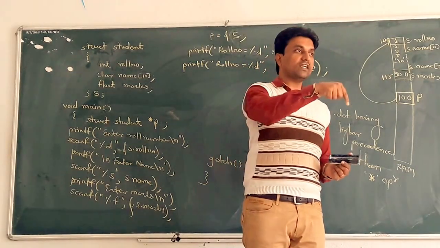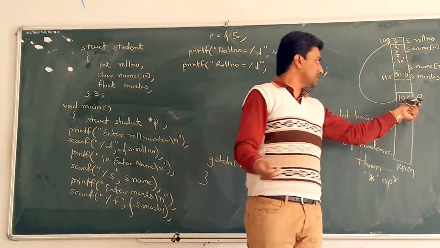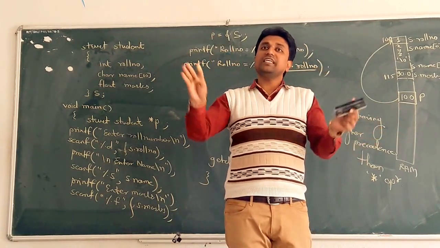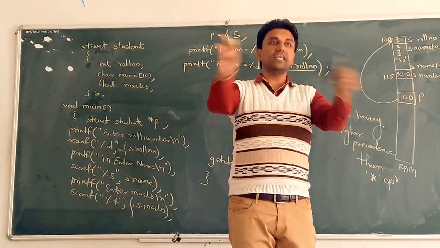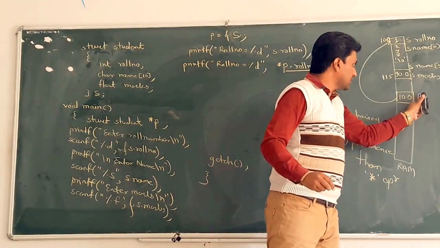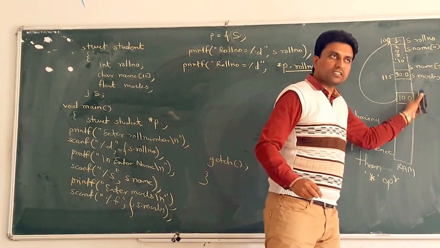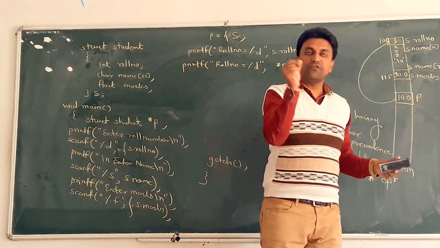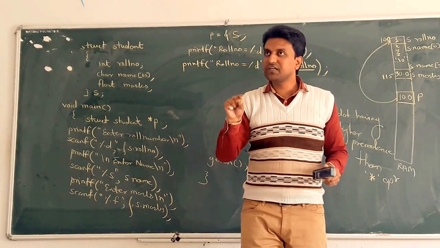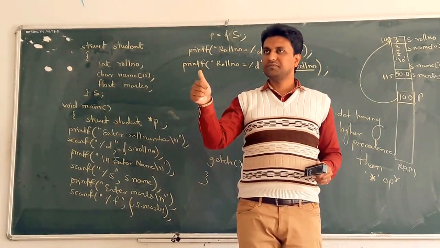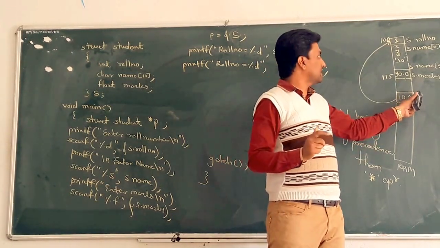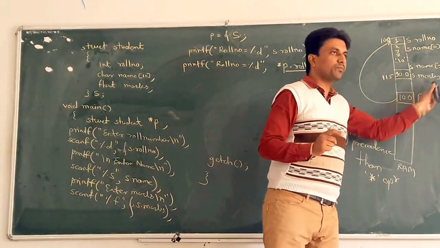Star gives you the value at that location. P dot roll number: P is a pointer type variable. Just P dot roll number is actually meaningless, it does not have any meaning. Because what does P store? P stores an address, and the address is not divided into different parts like P dot roll number, P dot name, P dot marks.